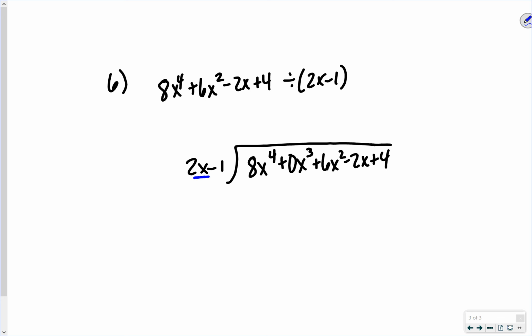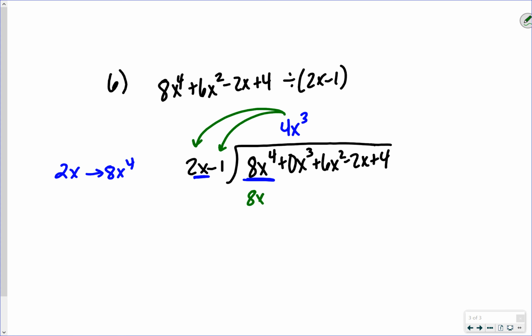So I'm going to ask myself, what do I need to multiply 2x by to become 8x to the 4th? Well, 2 to become 8 needs a 4. X to become x to the 4th would be x cubed. And now I'm going to take that and multiply it by the 2x and the minus 1. So I have 2x times 4x cubed.